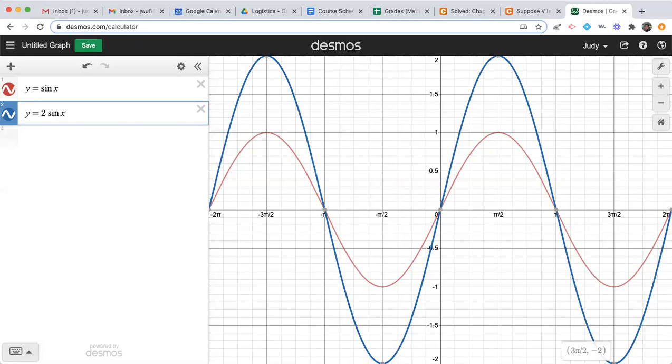And I like that observation there. That is, the 0 values stay the same, but all the other y values, what was the phrase that was used again? The y values will be multiplied by 2.